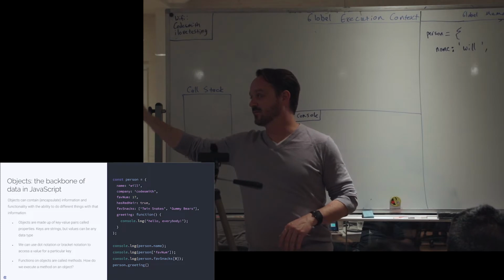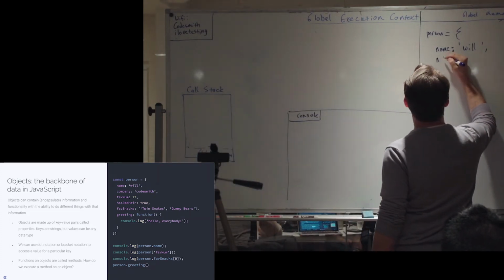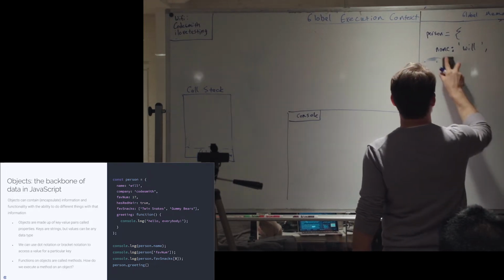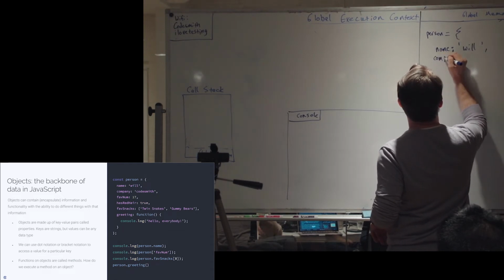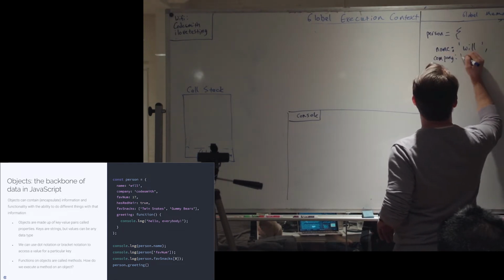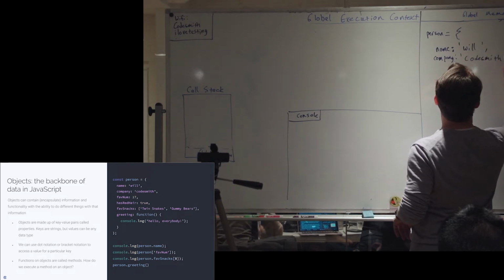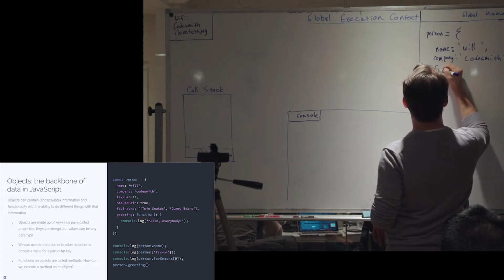So back to our objects. The next thing, company, is another string. Not name, we already did name. Codesmith. What's next? Favorite number, fave num.